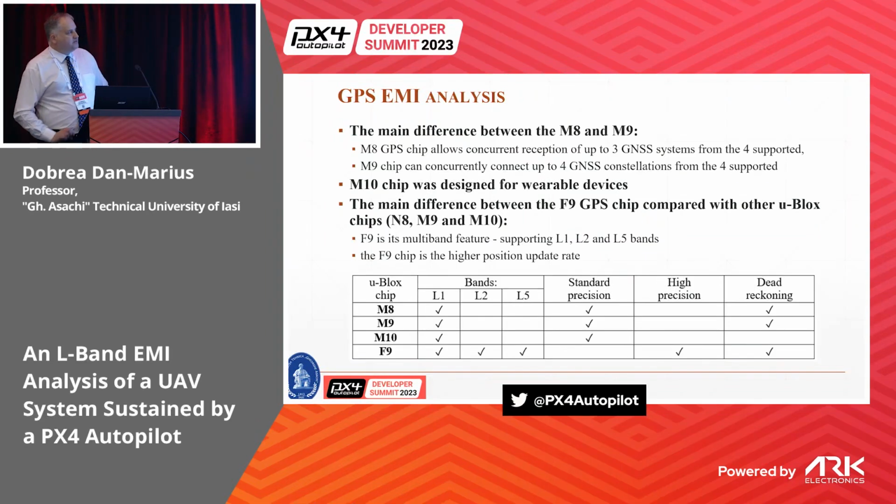The main difference between M8 and M9 is given by the fact that M8 chips can acquire data from three constellations of the four supported, and M9 chips can get information from all four supported constellations. The F9 chips have the multi-band approach; this is the main difference.